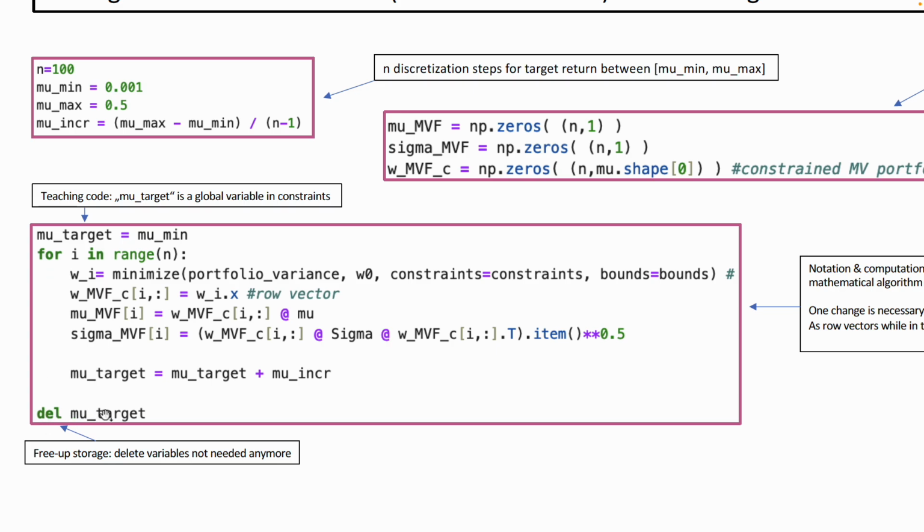And here I just want to remind you, if you write bigger code, you should free up storage. So if mu target will not be needed anymore, it's safe to delete that, which frees up storage. For this Mickey Mouse example, it of course doesn't matter, but if you work with big data applications, it matters.